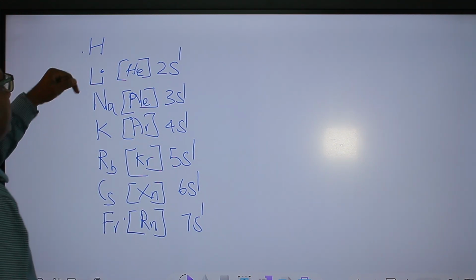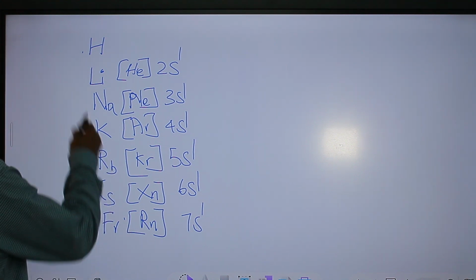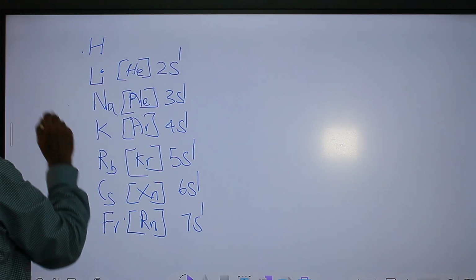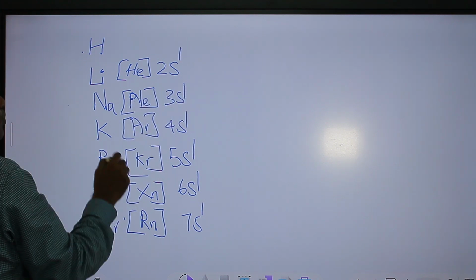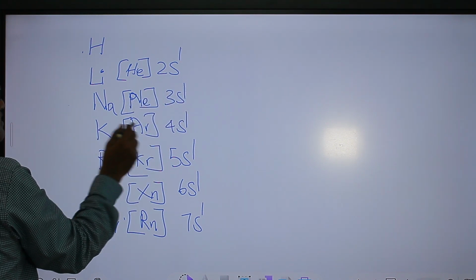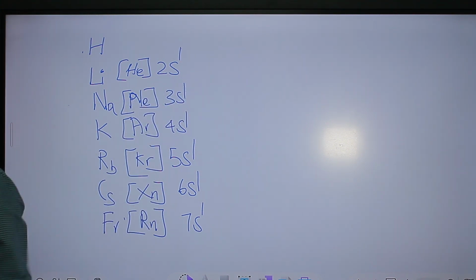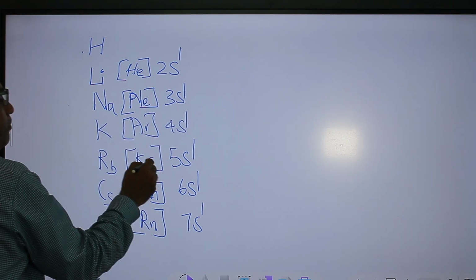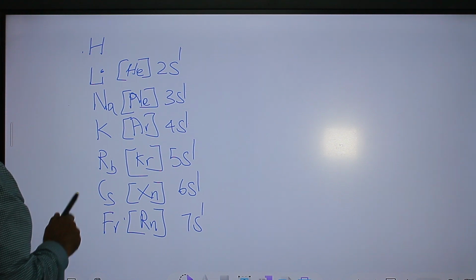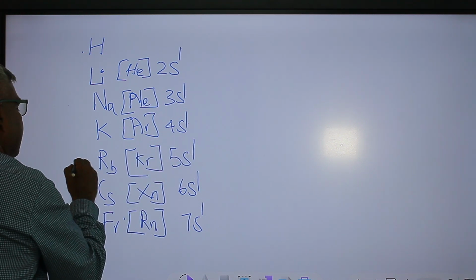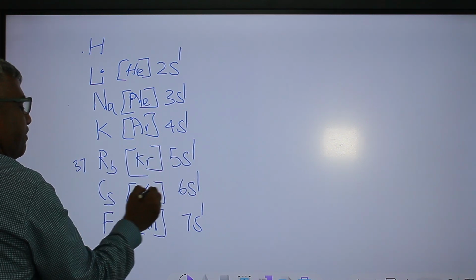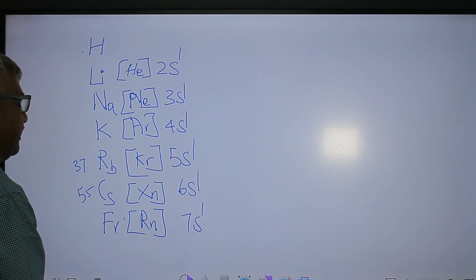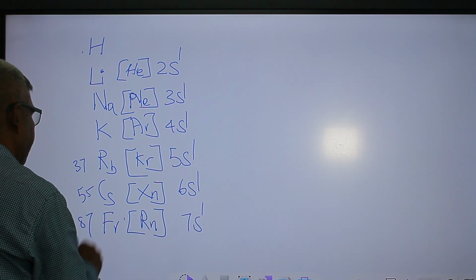See, hydrogen, it is 1 valence, 1 atomic number. Lithium: helium is 2, 2 plus 1, 3. Sodium 11, neon 10 plus 1, 11. Potassium: argon is 18, plus 1, 19. Rubidium: krypton is 36, plus 1, 37. Xenon, 54 plus 1, 55. Radon, 86 plus 1, 87.